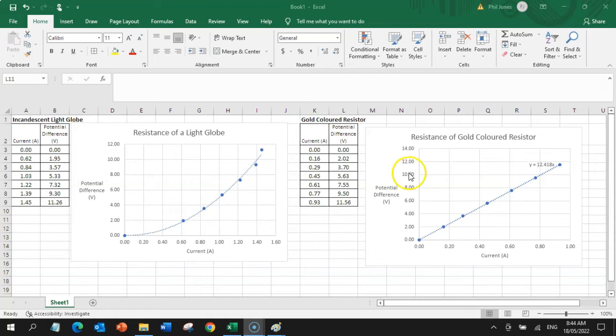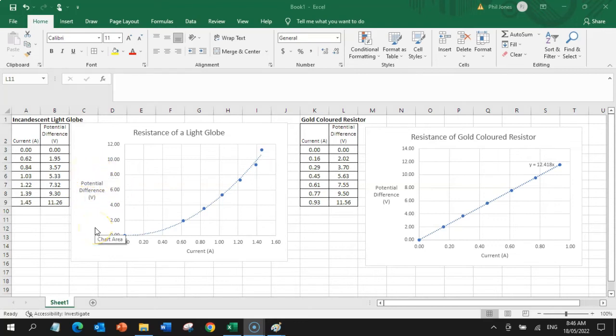Let's go back over here now and have a look at the resistance of the light globe. And what we notice here is that the gradient of this line changes as the voltage is increased. The value of the resistance, the gradient of this line, increases as the voltage or potential difference is increased.